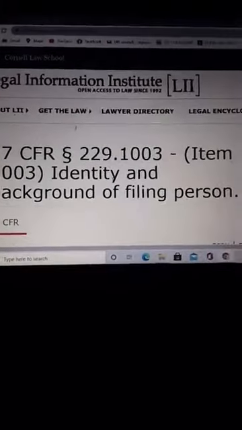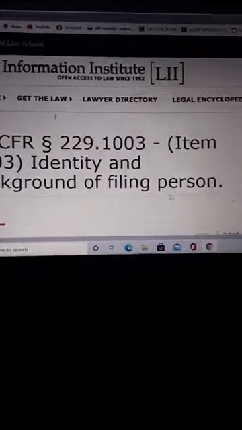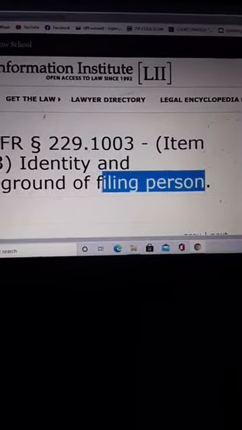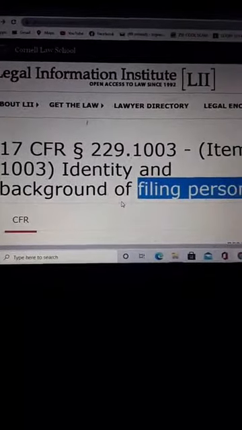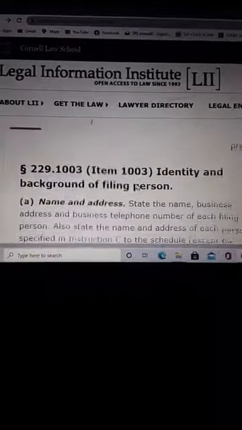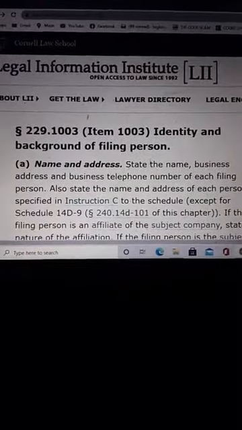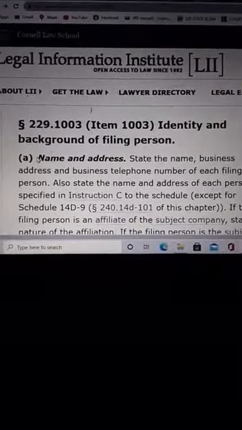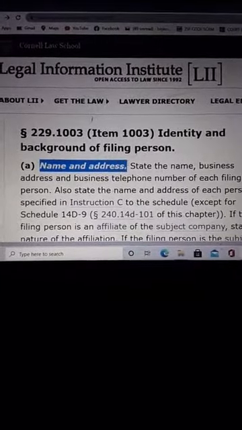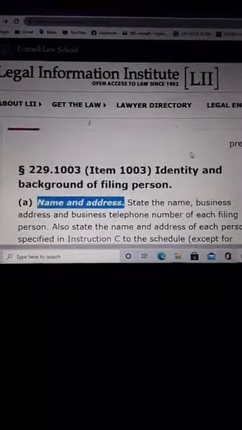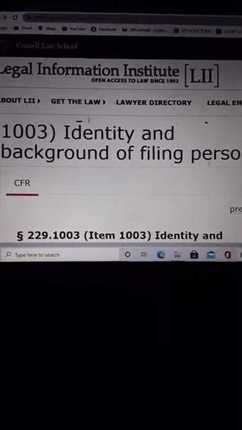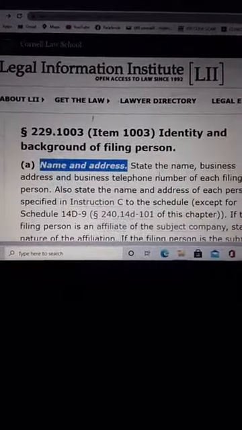Identity and background of filing person. Name and address. Oh, guess what? They're asking for a federal name and address. So the person that's filing, if they don't know the difference right there, they're already screwed.